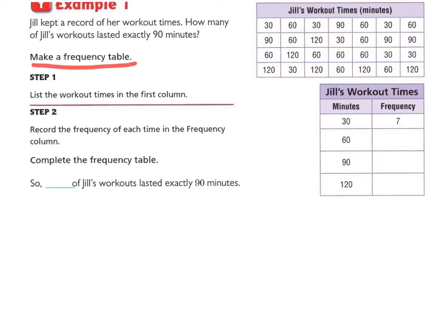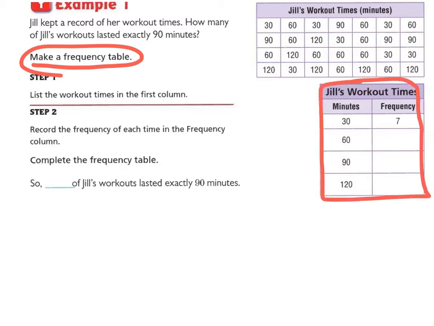We're going to make a frequency table. Step 1 is list the workout times in the first column. So here's our table that we're working with. In the first column, they wanted us to list the types of minutes she had. So she had a 30-minute workout, a 60-minute, another 30, a 90-minute, and 120 minutes.